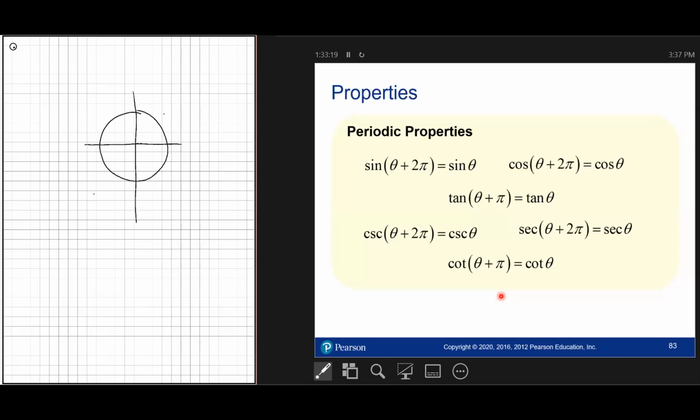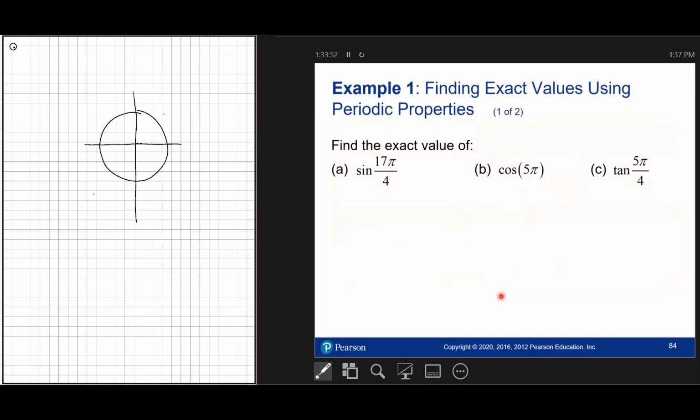And the period for tangent and cotangent is just pi. Gotcha. And the reason we say that, well, no, we'll look at it when we start graphing these silly things.